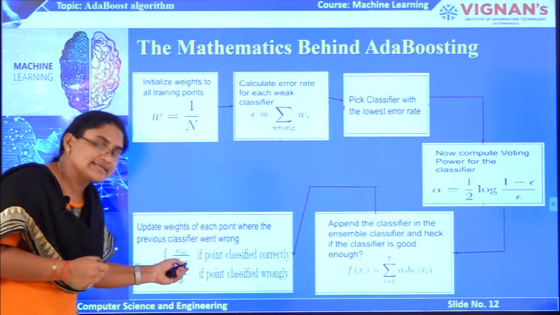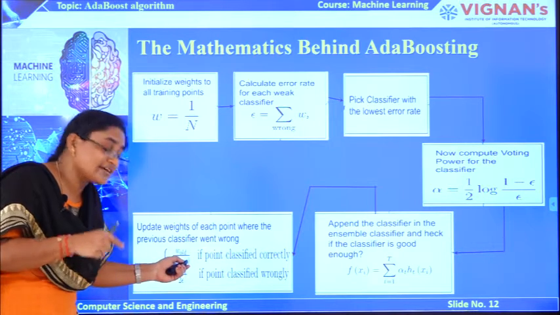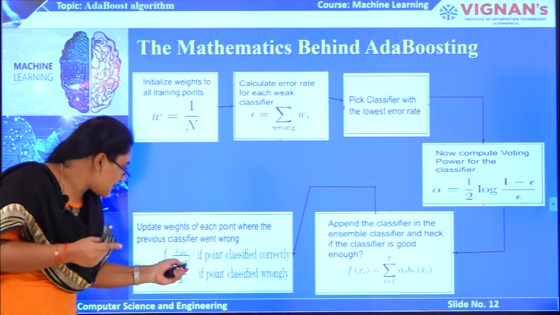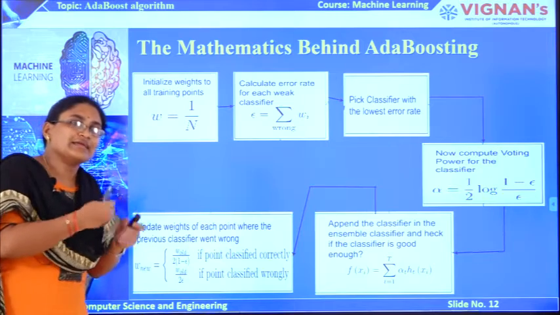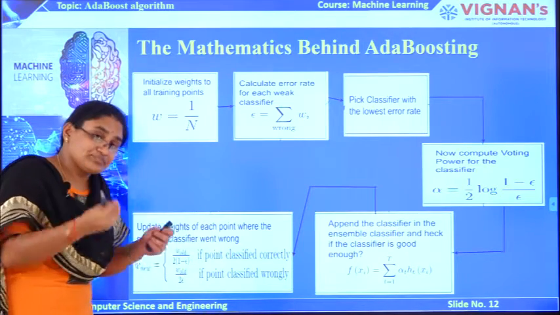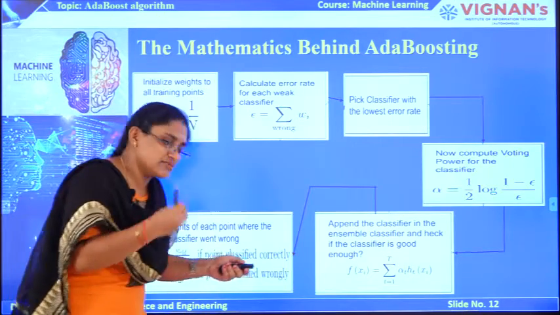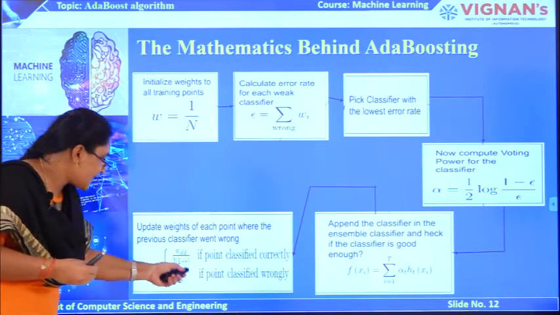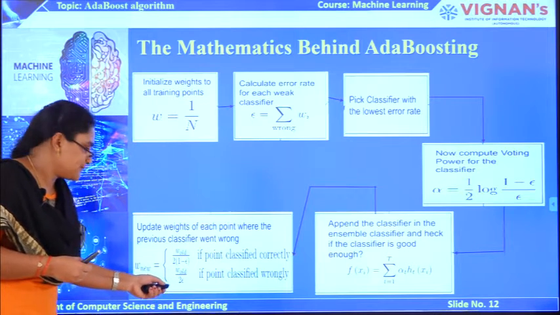Here epsilon is the error rate of that particular data stump, and W old is the old weight of that data point. If the data points are classified wrongly, meaning misclassified, we use the formula W old by 2 epsilon.